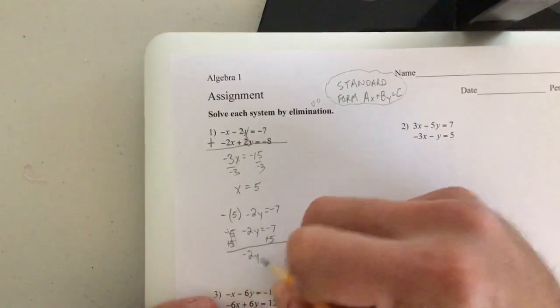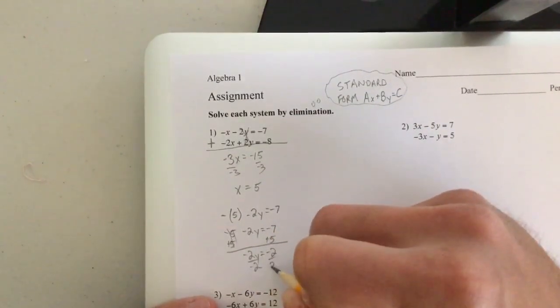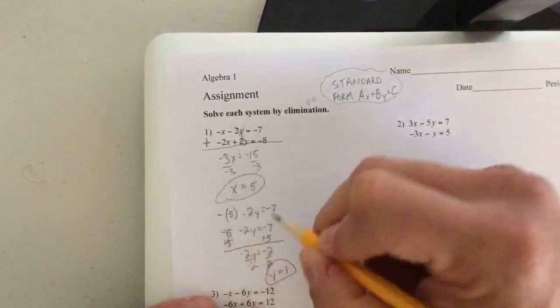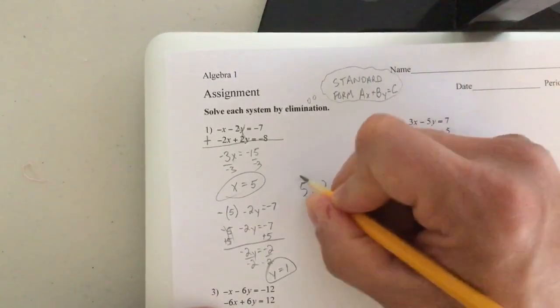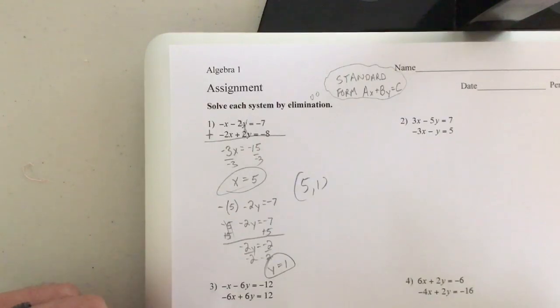We get negative 2y equals negative 2. Divide both sides by negative 2, and y equals a positive 1. So we have our x value and our y value, 5, 1. Good to go.